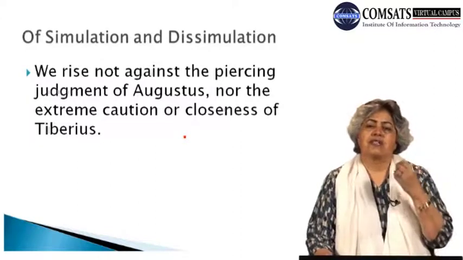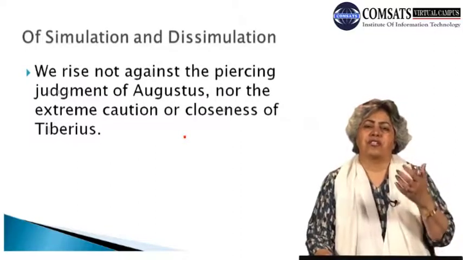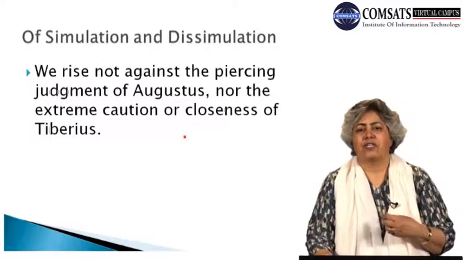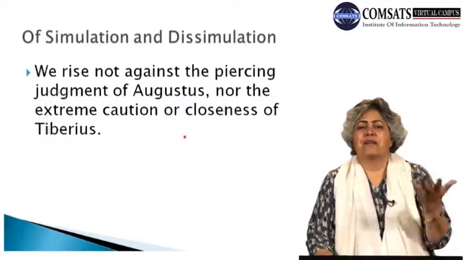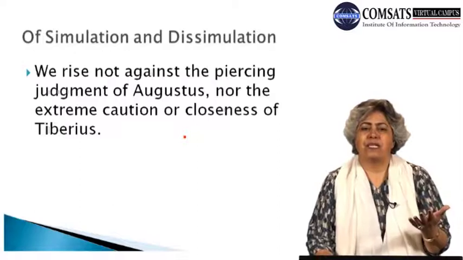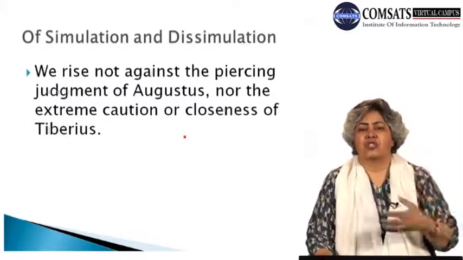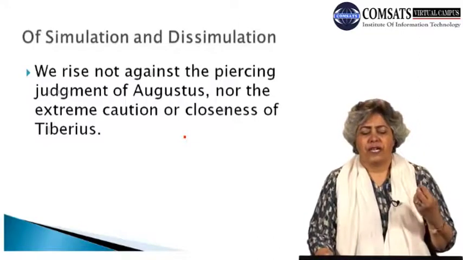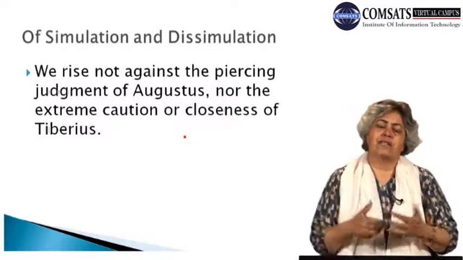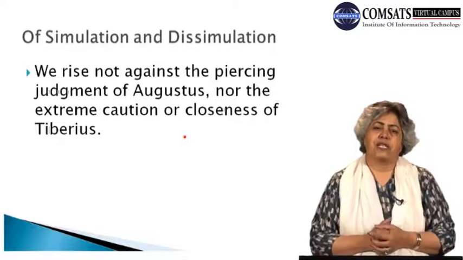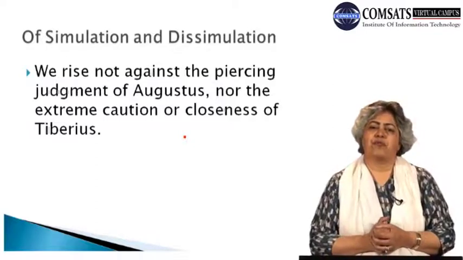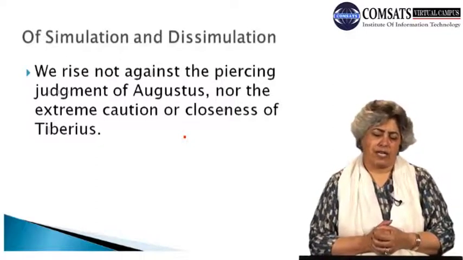It's not something personal. It's not a vendetta that we are trying to settle. This is something that is related to principles, and it is a matter of nations, not a matter of individuals. So this is the justification that Mucianus gives to Vespasian for attacking Vitellius.